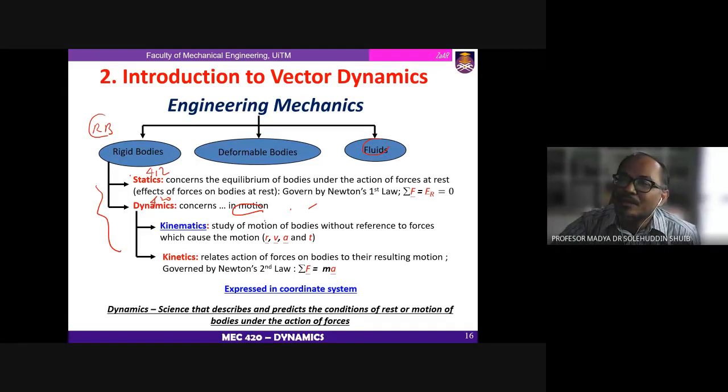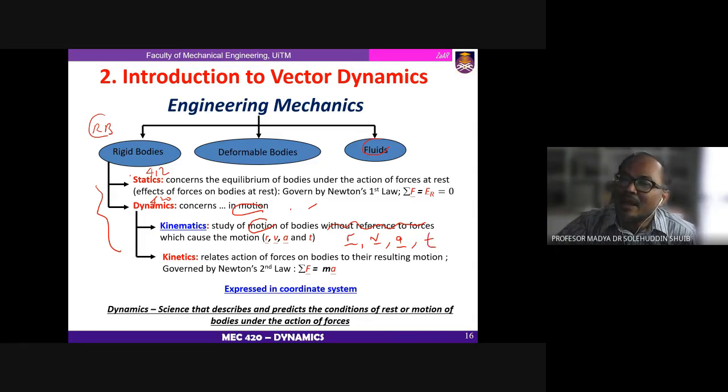The keyword is motion, the study of motion without reference to forces which cause the motion. For kinematics, you have R, the position vector, the velocity, and the acceleration, as functions of time.